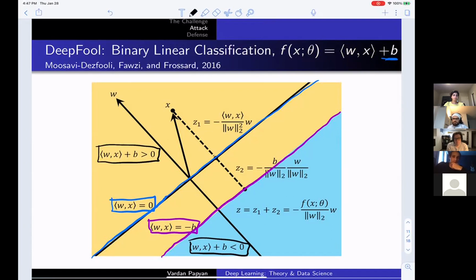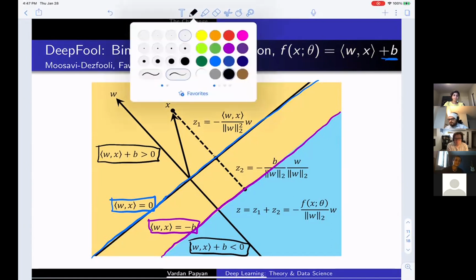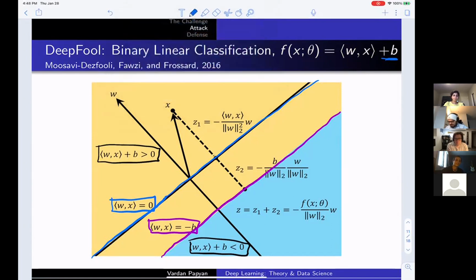Now, what do we want to do to create an adversarial example? We want to create a vector that would project x all the way to the purple hyperplane, right? So we want to calculate this dashed vector. Based on the previous slide, we already know that this thing is equal to this thing, based on the same arguments as the previous slide.